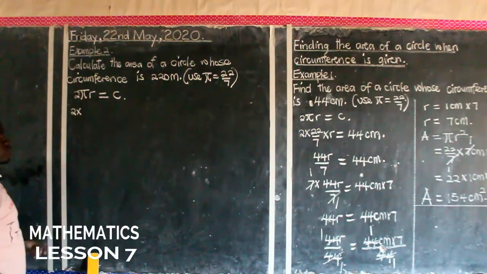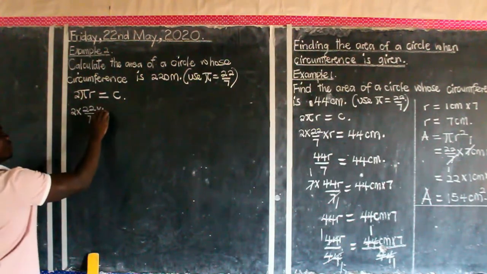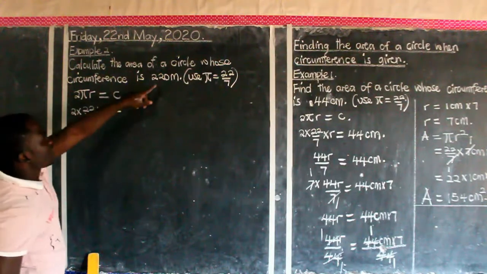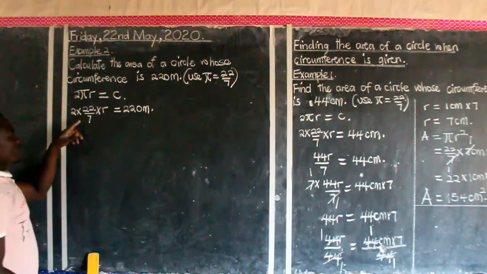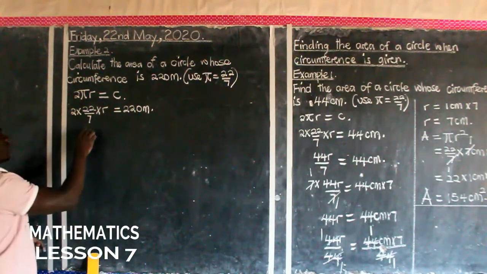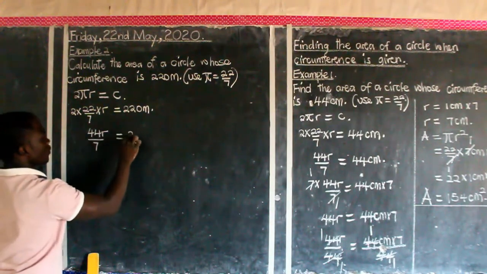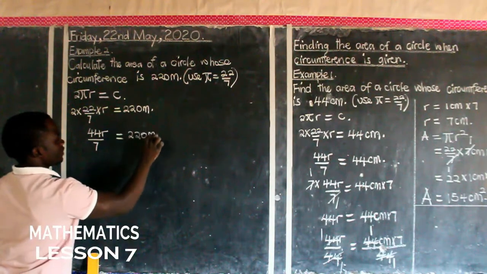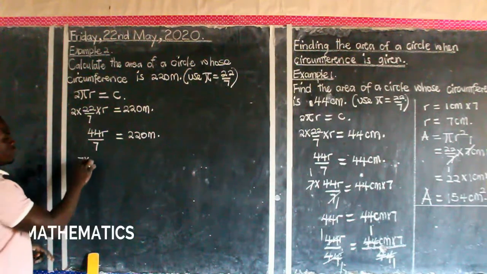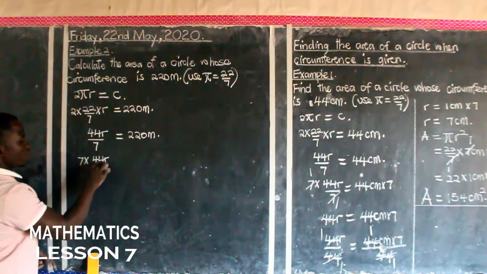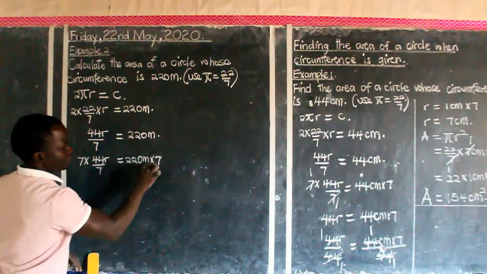We shall have 2 times the pi of 22 out of 7 times r equals the circumference of 220 meters. 2 times 22 times r, we shall have 44r out of 7 equals 220 meters. Remove 7 from here by multiplying it on either side. So this is 7 times 44r out of 7 equals 220 meters times 7.